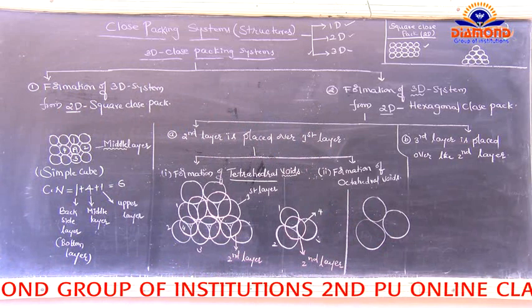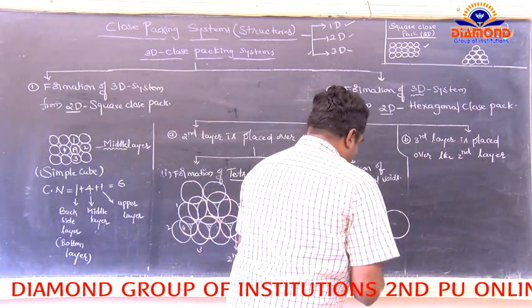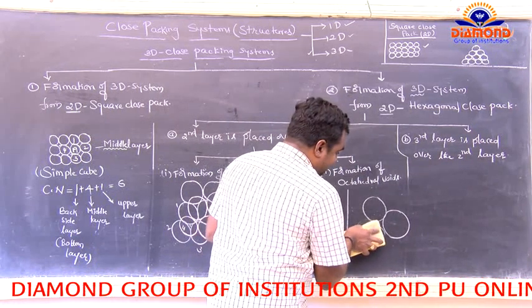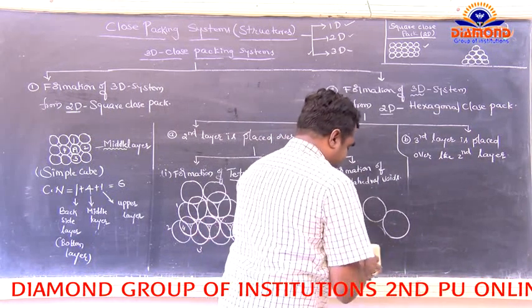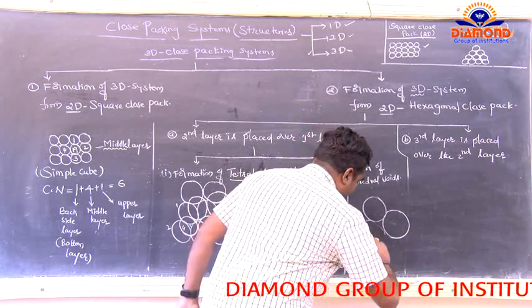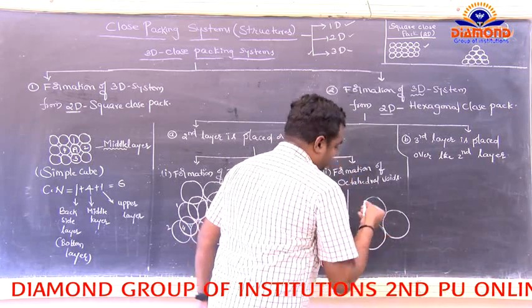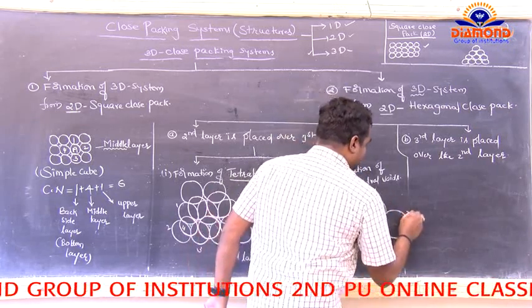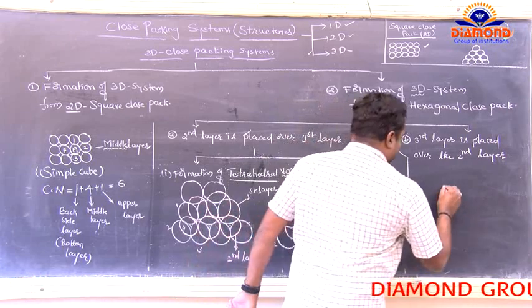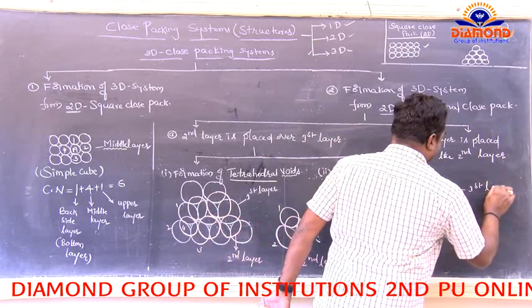So three atoms. These three atoms belong to the first layer. Here 1, 2 and 3 atoms belong to the first layer.